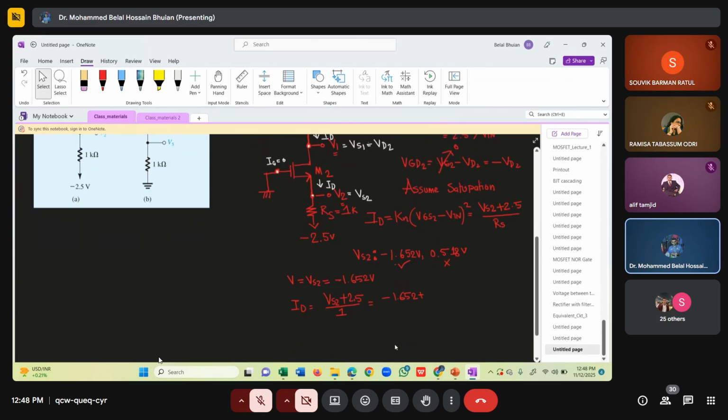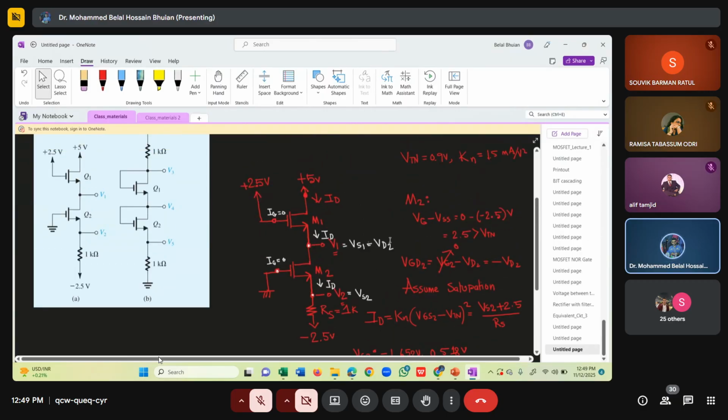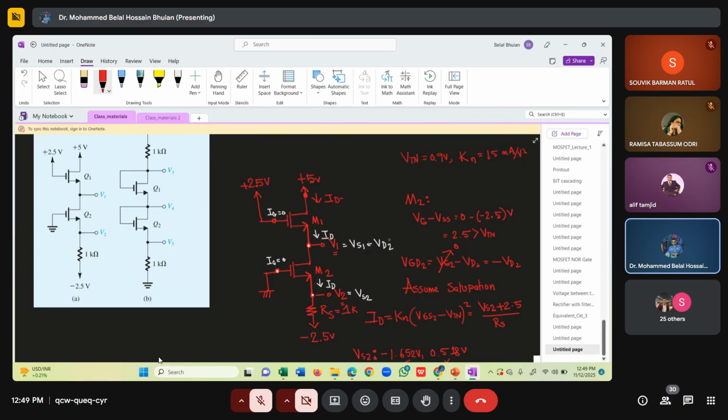V2 here, 2.5 divided by 1, and the current value is 0.848 milliampere. So that is our drain current, as it was written earlier.